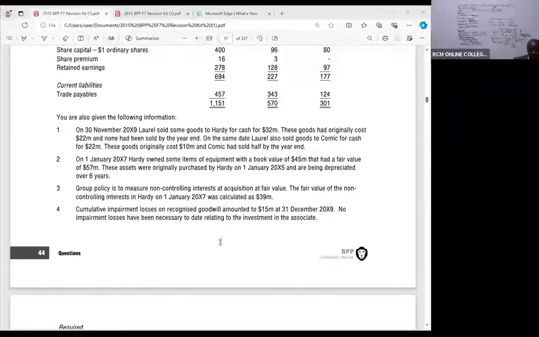Tekla Shiro is very, very active. Less 10. From where, Tekla Shiro? You're trying to hide something here. You don't know where you're going to less this 10 from. From inventory, yes. The goods had originally cost.